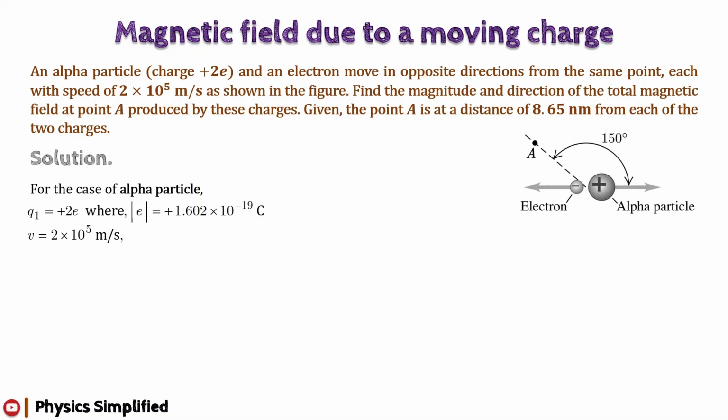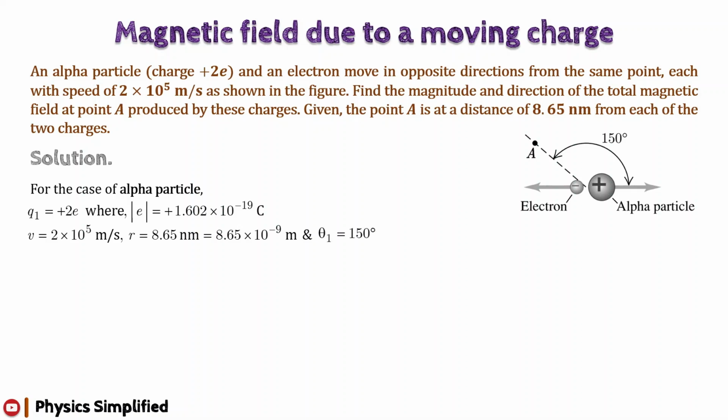Distance of the given point A from the alpha particle, r, is equal to 8.65 nanometers, that is, 8.65 × 10^-9 meter. And the angle between the line from the alpha particle to the field point A and the velocity of the charge, denoted by θ1, is equal to 150 degrees.